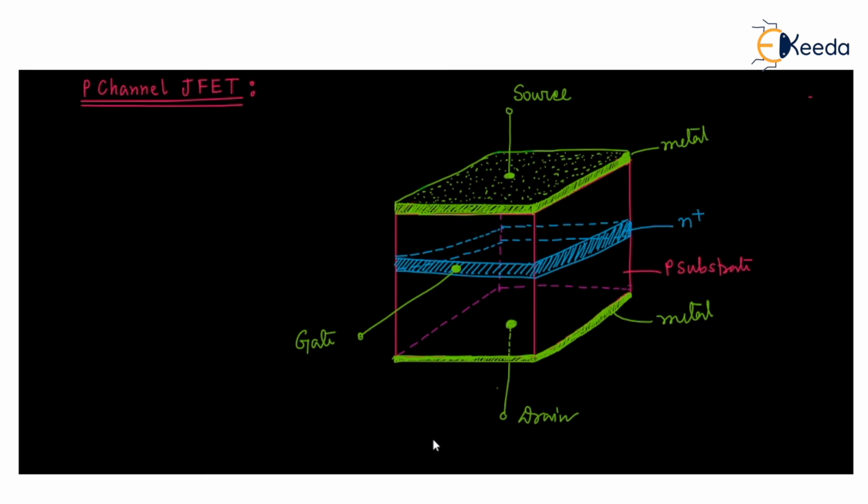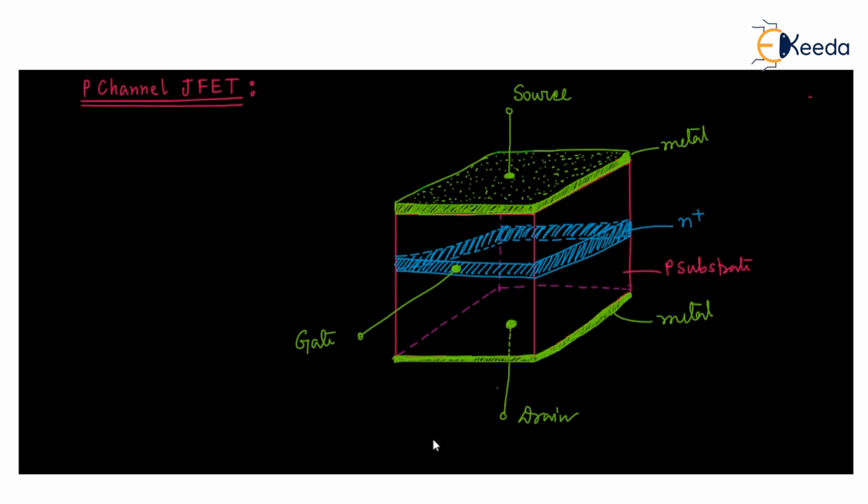So this is the original structure of a P-channel JFET, and in the P-channel JFET or N-channel JFET, we can see that doping has been done from all directions. So there will be a ring-like doping region inside the device substrate.